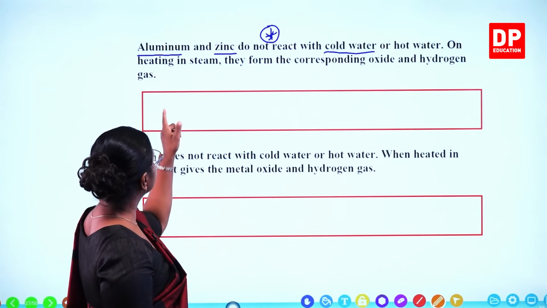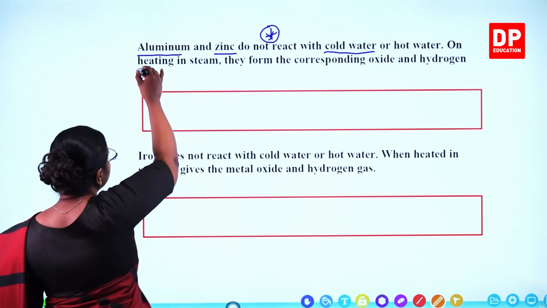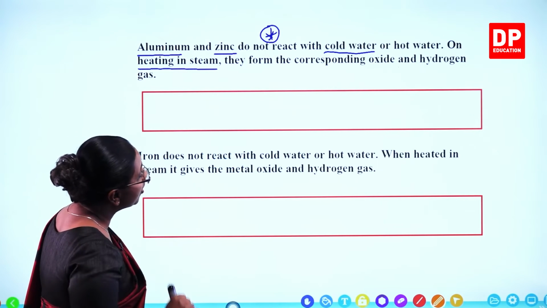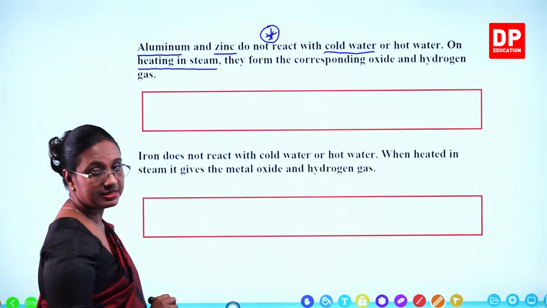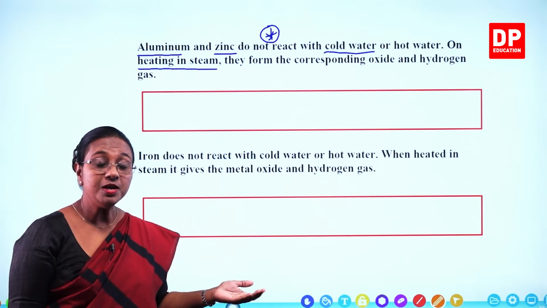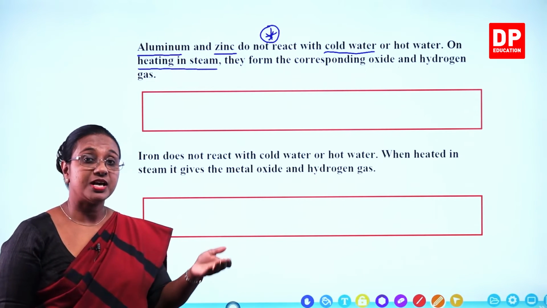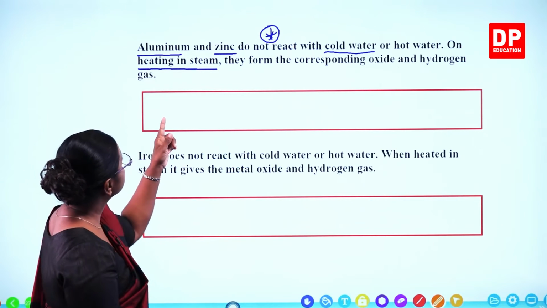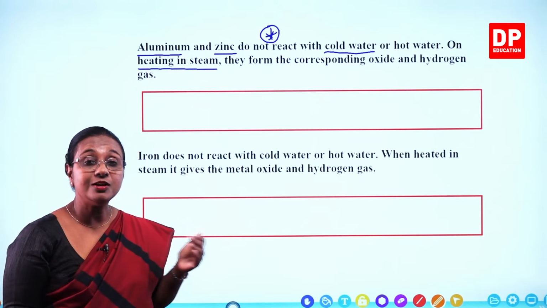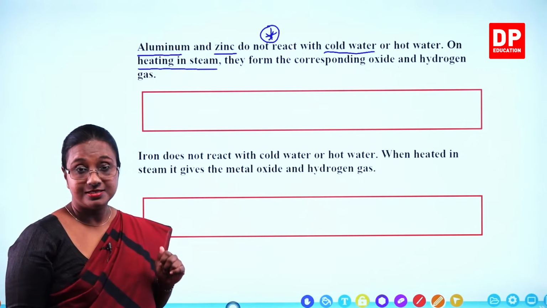On heating in steam, they form the corresponding oxide and hydrogen gas. So if you react aluminium with steam, you will get aluminium oxide and hydrogen gas. The same way, if you heat zinc with steam, you will get zinc oxide and hydrogen gas.